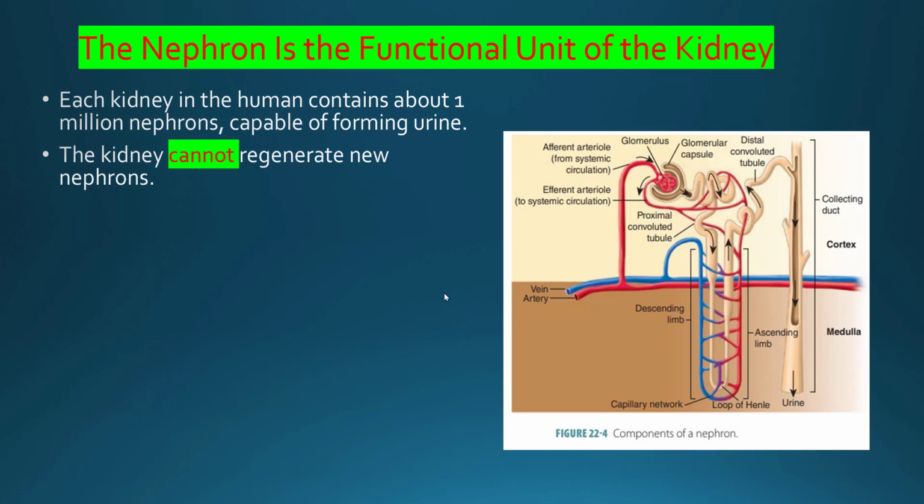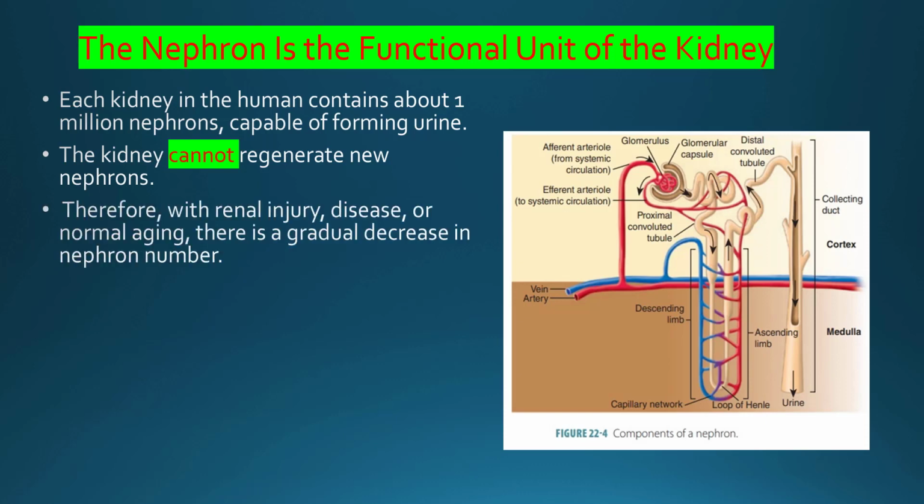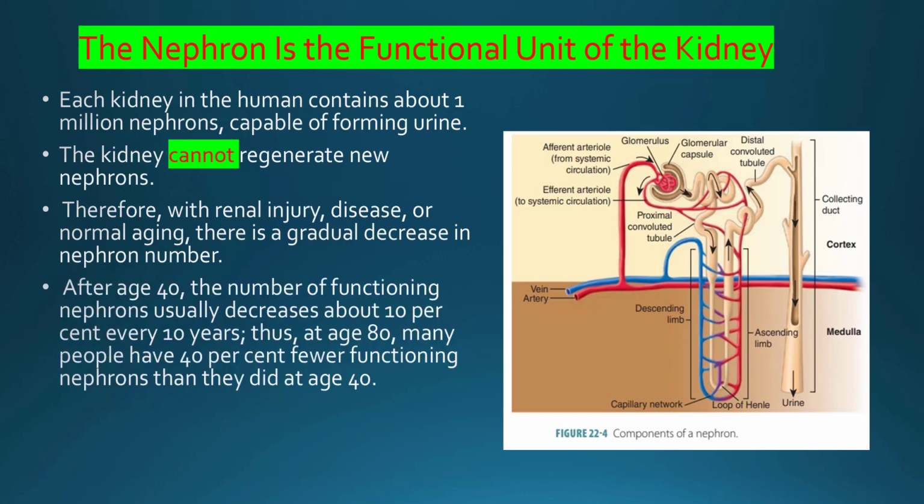The kidney has no capability to regenerate new nephrons, therefore with renal injury, disease or normal aging, there is a gradual decrease in nephron number. The nephron number decreases with age, disease or injury.